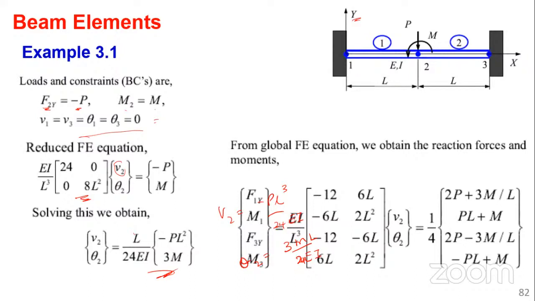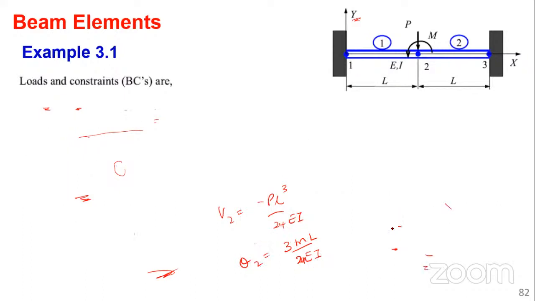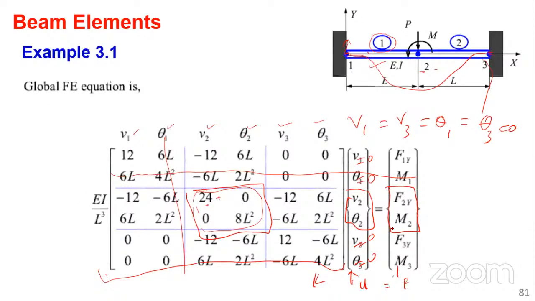So this is a global finite element equation. We go ahead to obtain the reaction forces and the moments. And as you can see, of course, V2 and theta 2 are now determined. So we can invoke F1, M1, F3, M3 in order to obtain these quantities. So it's just a matter of going back to your original equation.